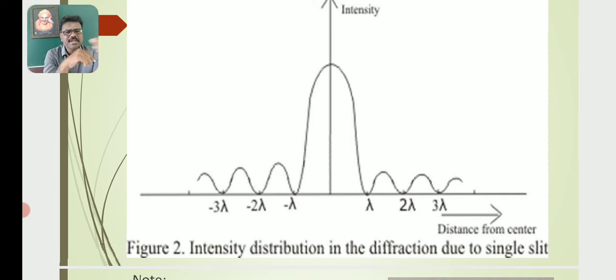The intensity of secondary maxima goes on decreasing on either side of the central primary maxima, as shown in the graphical representation of intensity versus the distance of the fringes from the center.